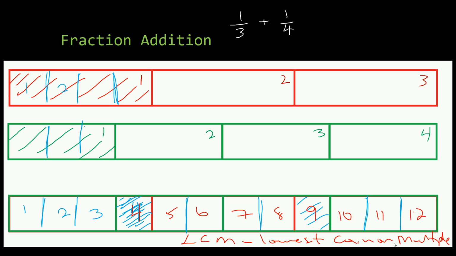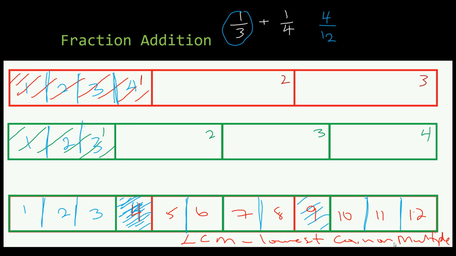Notice 1, 2, 3, 4 pieces, 1, 2, 3 pieces. So I am able to break up the one of 3 pieces, which is this value here, into 4 of 12 pieces. Remember that the whole common size will be 12 in this case.